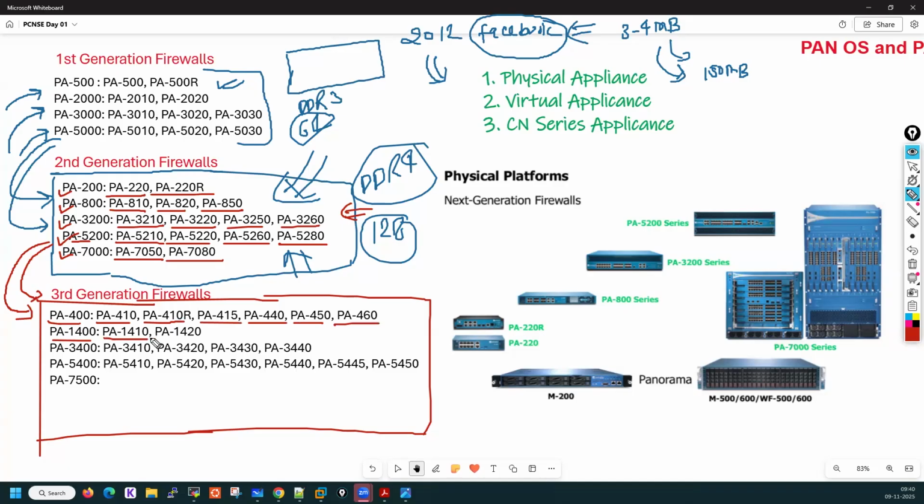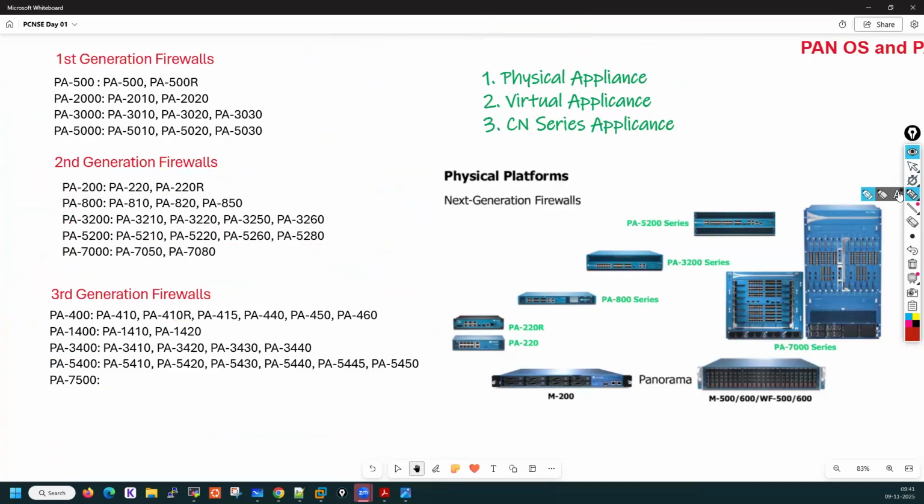The 1400 series, PA1410, 1420, the 3400 series, PA3410, 3420, 3440, the 5400 series, and the 7500 series. So those are the latest series, which is also known as the third generation firewall. Those are the hardware models offered by Palo Alto firewall.